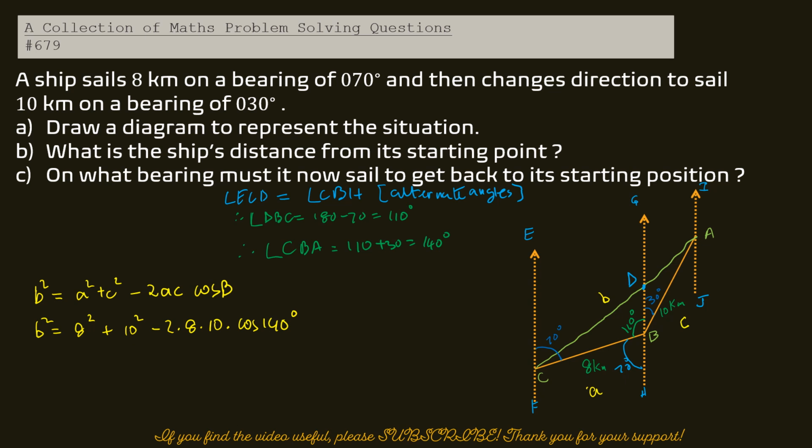So we get b squared is 286.567. So therefore b equals the square root of 286.567. So if I do the square root of this, I would get 16.9.